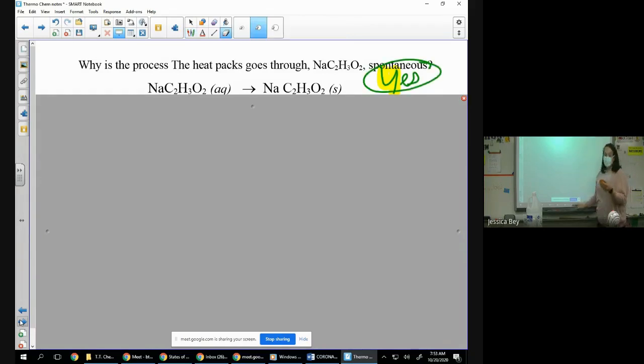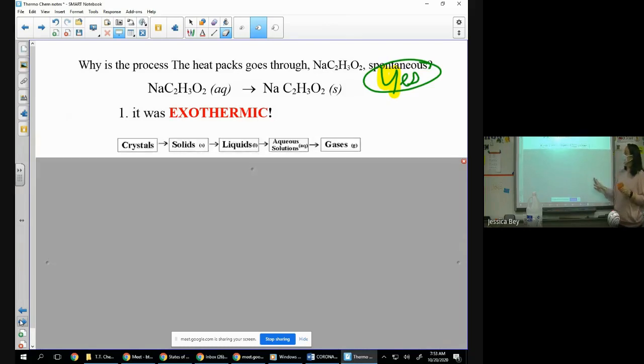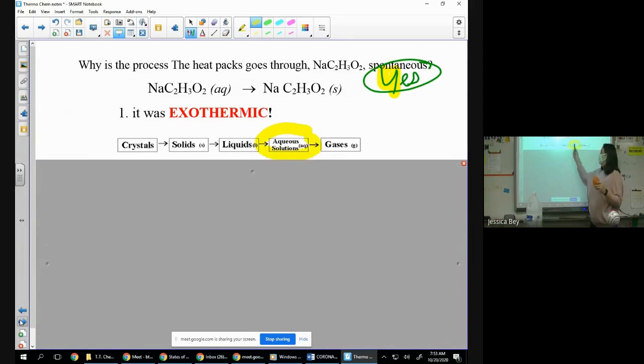And we said that it was releasing energy. So if it's releasing energy and warming your outsides, it is exothermic. However, looking at our little slides here, the hot pack was an aqueous solution, and then it went to a solid. So what's happening to the entropy? Remember, this is low, and this is high.